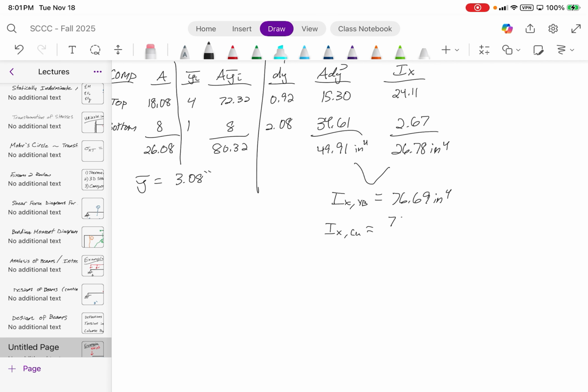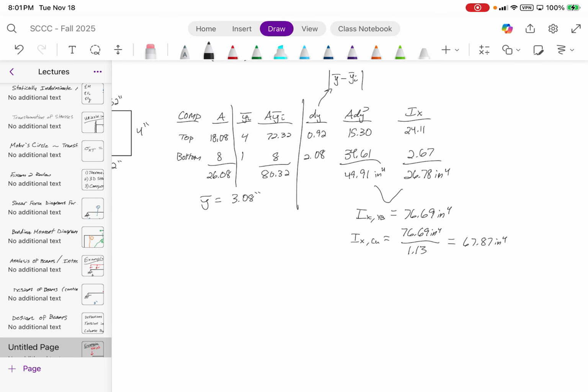So it's just going to be the 76.69 inches to the fourth divided by 1.13, which then gives you 67.87 inches to the fourth. Make sense? Great.